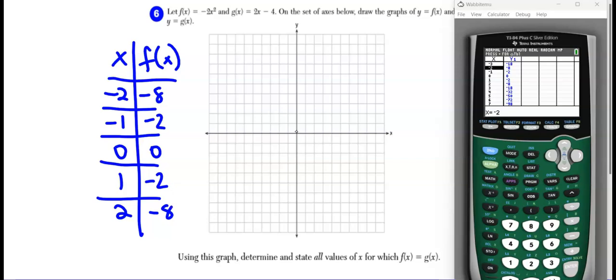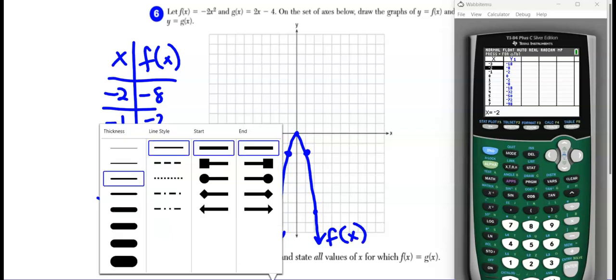And I'm going to graph these points. So negative 2, negative 2, negative 1, 0, and you'll notice it's symmetrical, so these points are all going to line up here. I'm going to try and draw this nice curve here, like this, and then I'm going to label my graph.